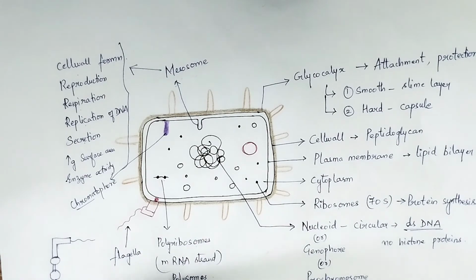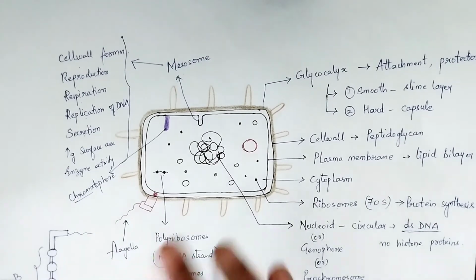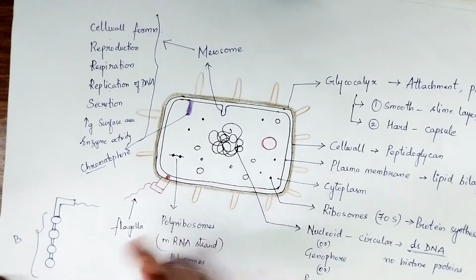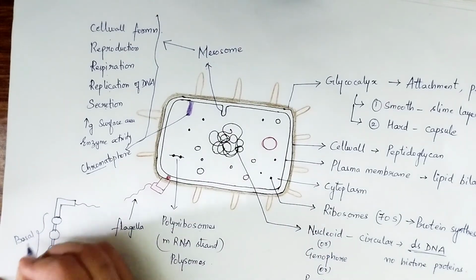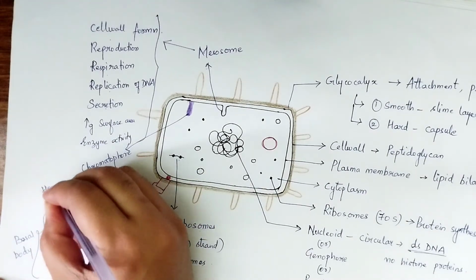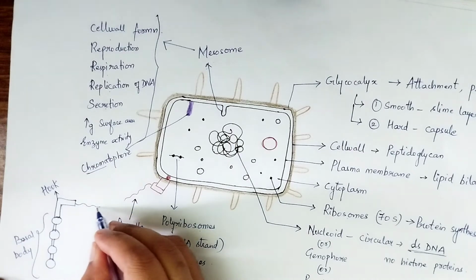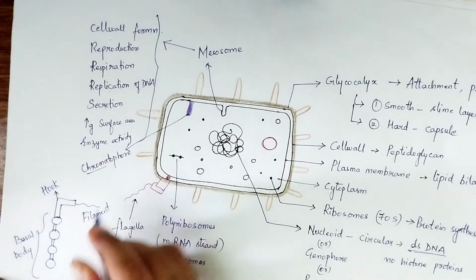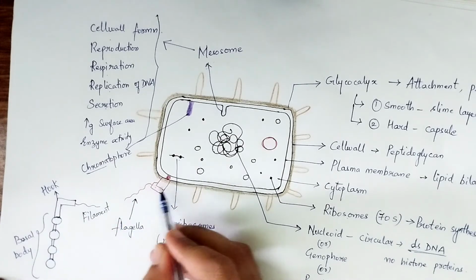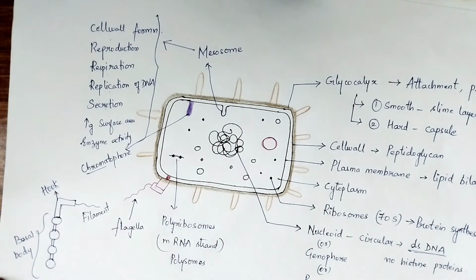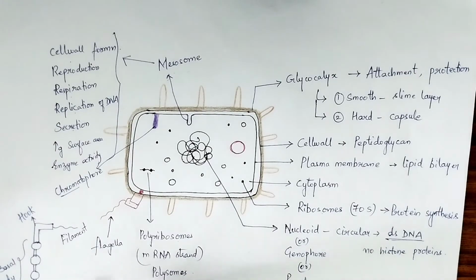This is what is called the basal body, and this part of the flagella is called the hook, and the part of the flagella which is motile is called the filament. Together this is the main structure of the flagella, which is attached to the bacterial cell wall. Okay, this was about the flagella.